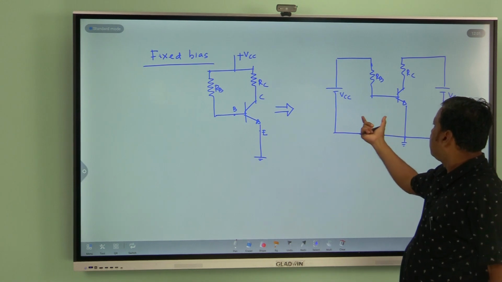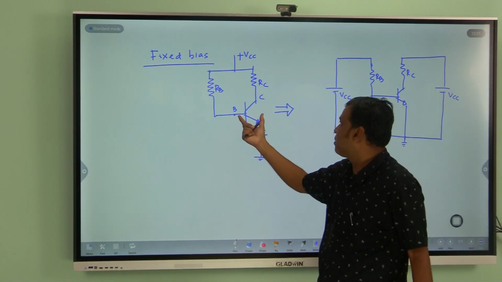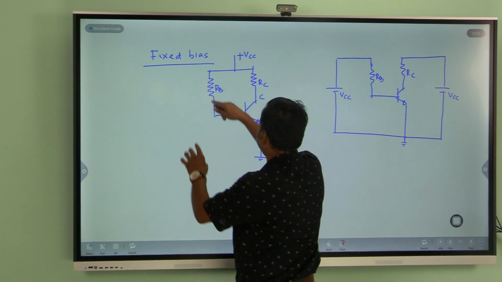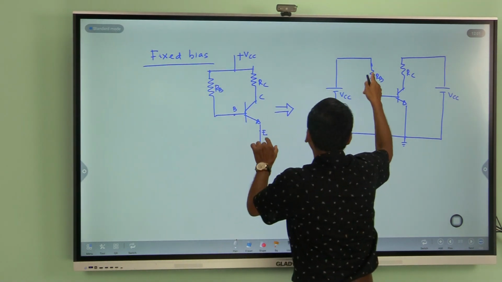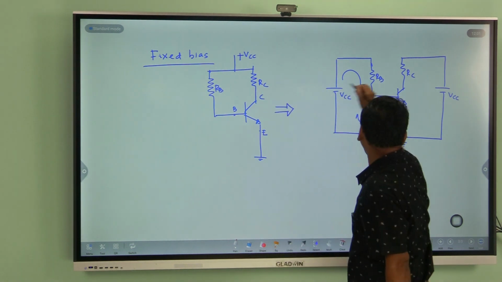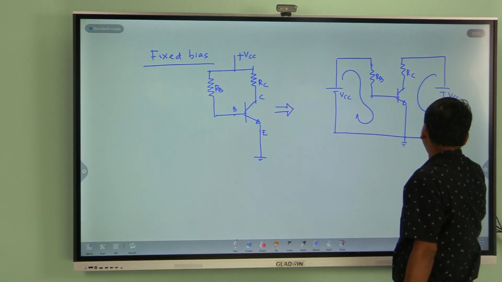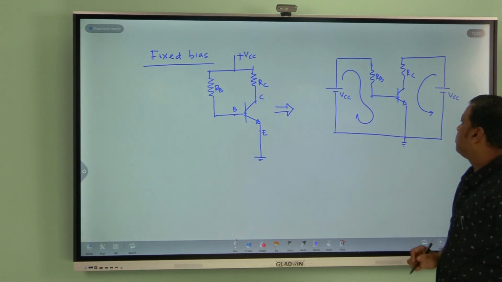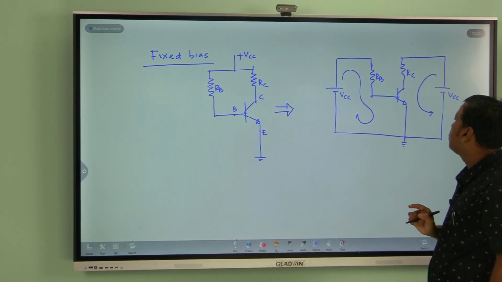This is the simplified model of the fixed biasing method. VCC is supplied to RB, this is your input, the current flows in this loop, and the same VCC is applied in the output loop. This is your input loop and this is your output loop.